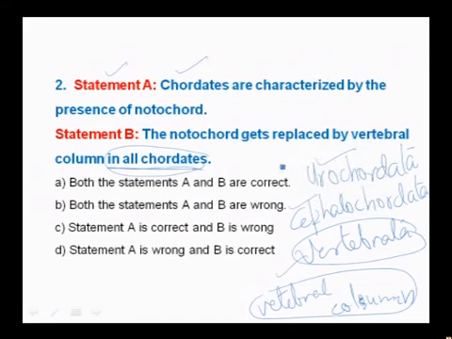That's why the first statement is right but the second statement is wrong. So both statements A and B are correct is wrong. Both statements are wrong is also a wrong option. Statement A is correct and B is wrong is the right option. So the right option for question number 2 is option C.